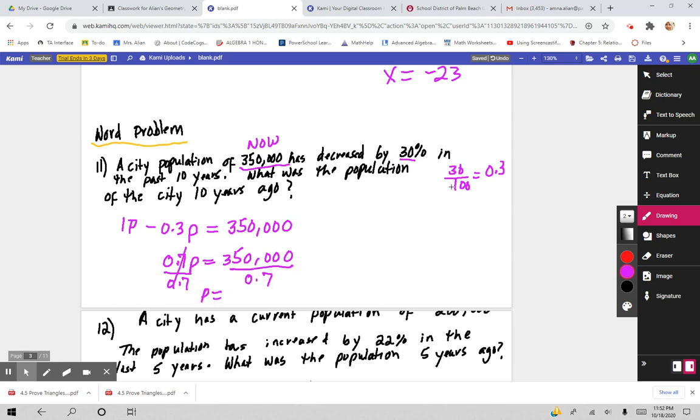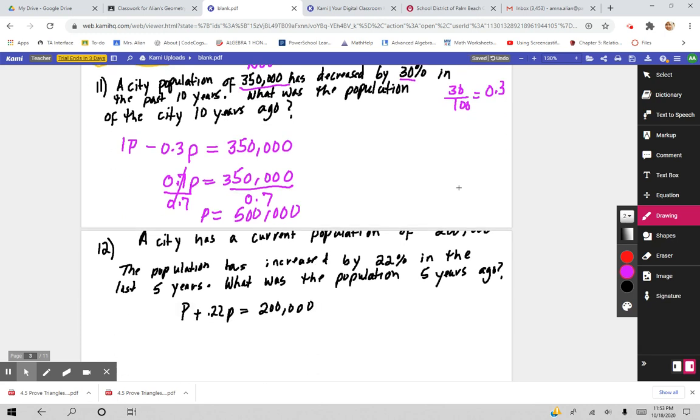So p equals 500,000. So it was 500,000 10 years ago. Okay, let's do the next one.